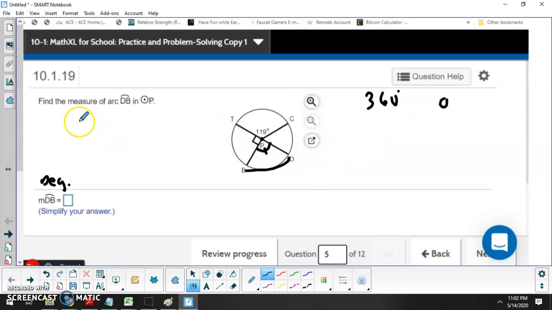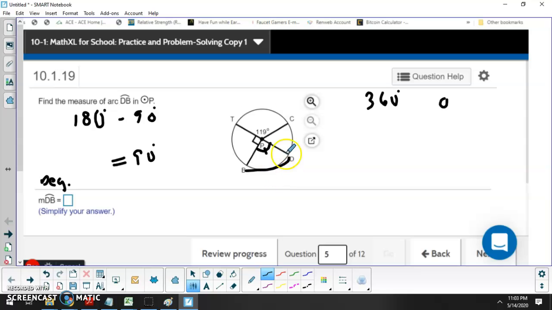Well, it's half a circle, so that's 180 degrees. You have 180 degrees in half the circle, and you are looking from D to B, which is this part. So you just need to subtract TB, and TB is equal to 90 degrees. So the measure of this arc here is just going to be 90 degrees.